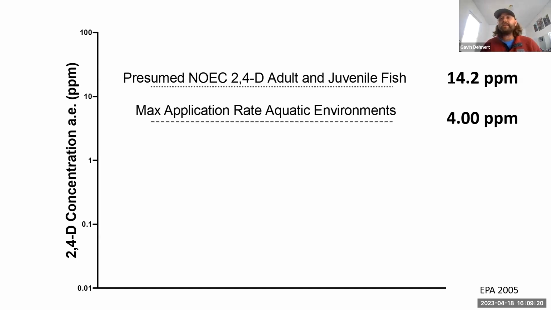With that, the EPA permits 2,4-D in our aquatic environments with a maximum application rate of up to 4 parts per million for spot treatment and up to 2 parts per million for an entire lake treatment. We don't always get all the way to those concentrations, but that's what's permittable.